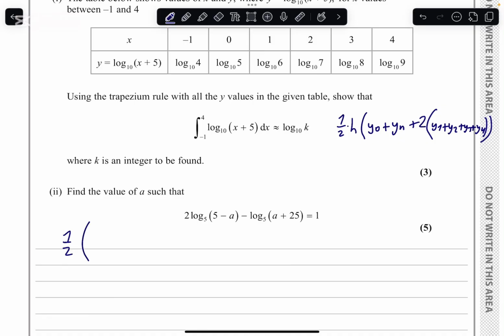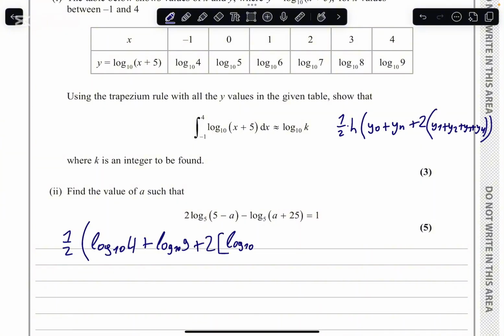Times the first y value, log base 10 4, plus the last y value, log base 10 9, plus 2 times all the in-between values, so log base 10 5, plus log base 10 6, plus log base 10 7, plus log base 10 8.